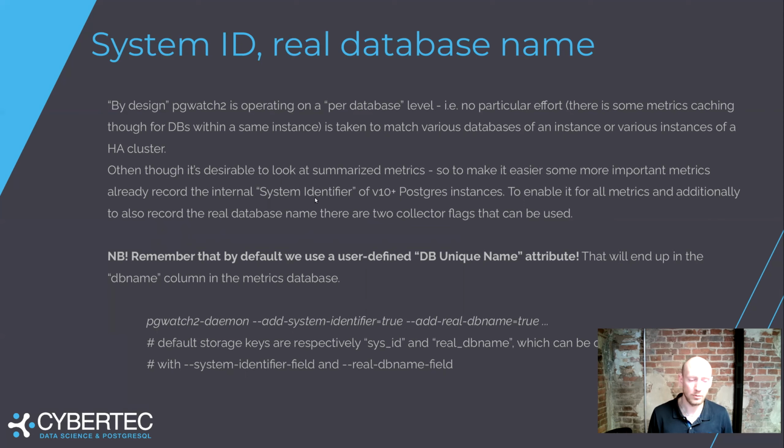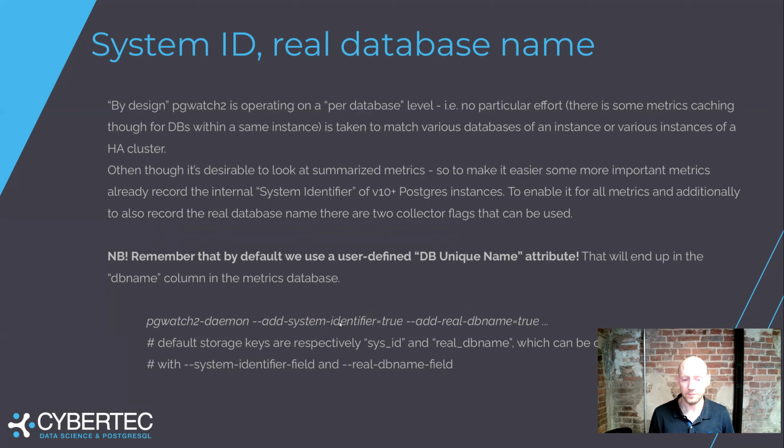Before that, you could use pg_controldata, but in PGWatch2's case, which tries to extract everything via normal SQL connections, this wouldn't work. So some metrics already extract this system identifier, but you can actually force it for all metrics.